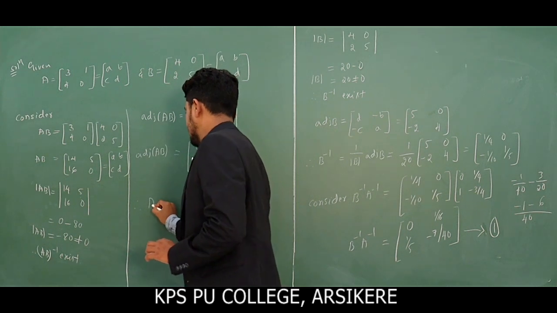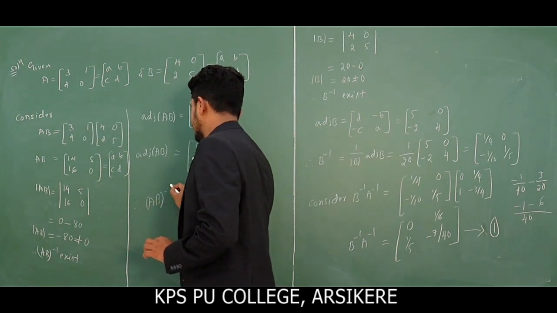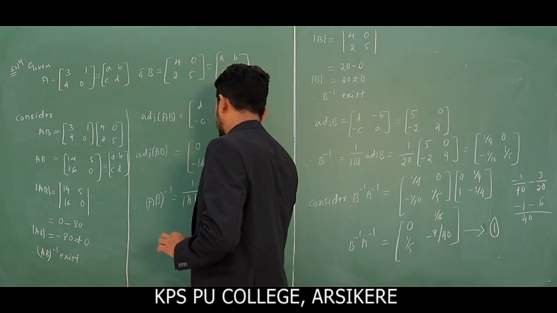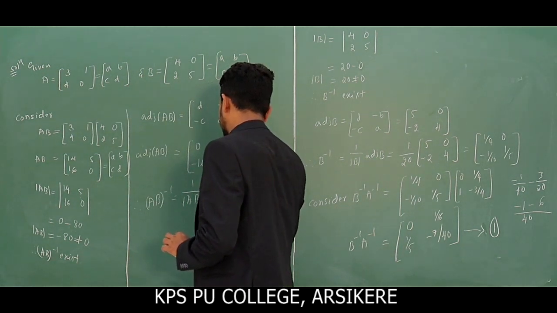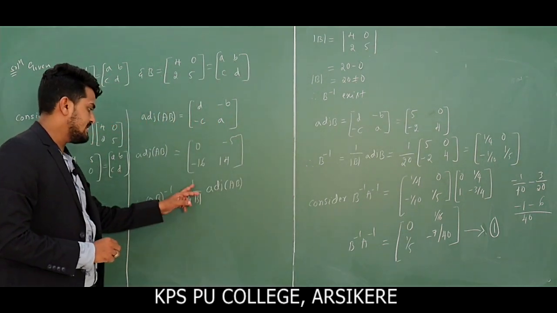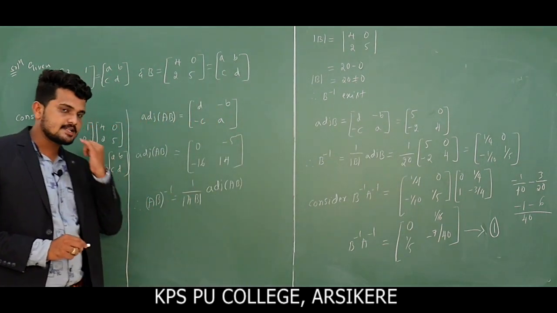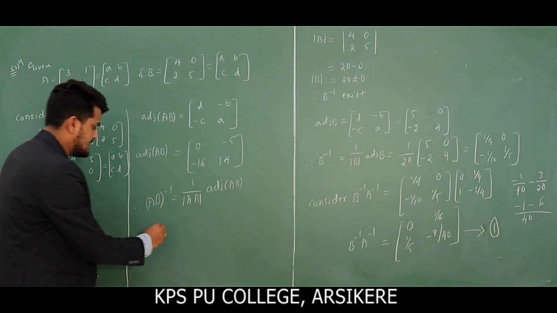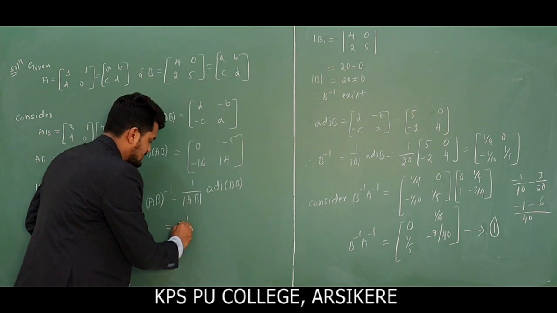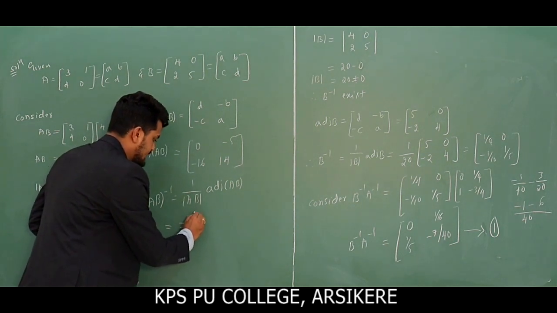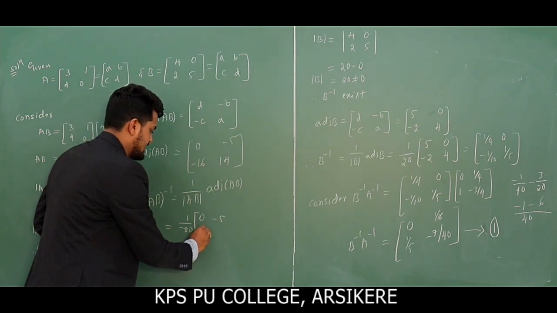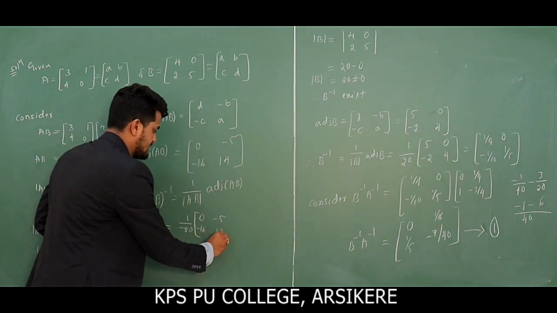Therefore AB whole inverse is equal to 1 divided by determinant of AB into adjoint AB, right? So 1 divided by determinant of AB value, minus 80. So 1 divided by minus 80 into [0, minus 5; minus 16, 14].